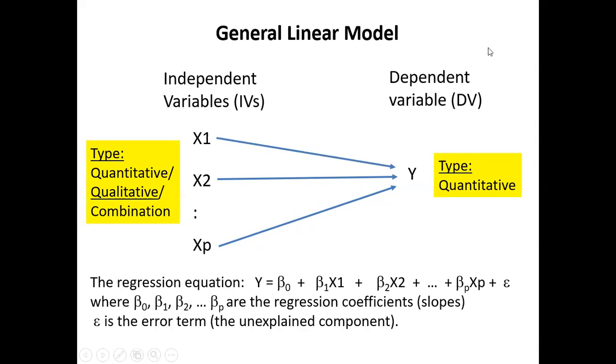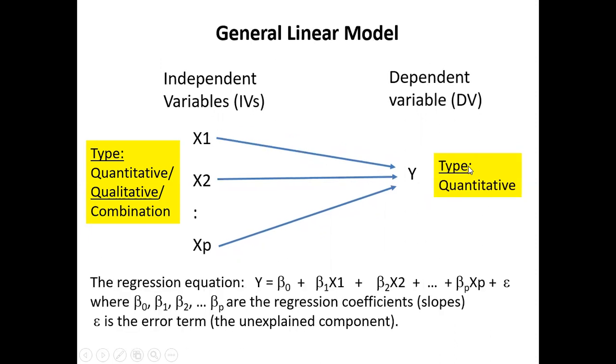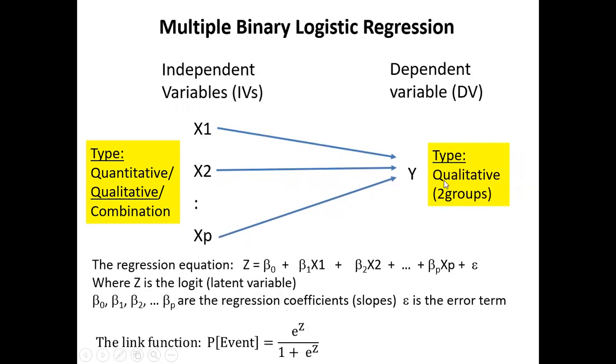In a general linear model, the dependent variable is a quantitative measurement, whereas here it is qualitative. This can be like systolic blood pressure, 120, 130, 140, and so on, but this can be categorized into high and normal.